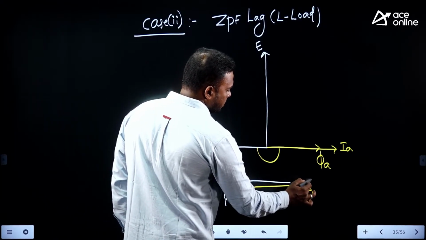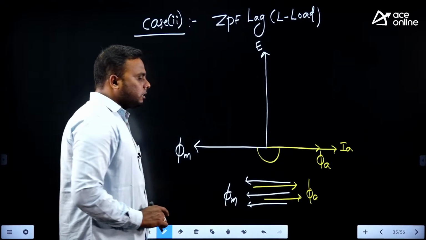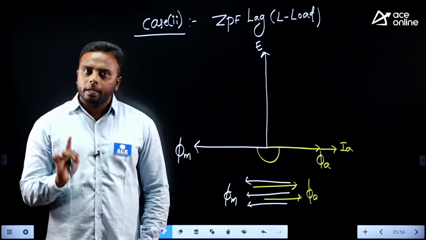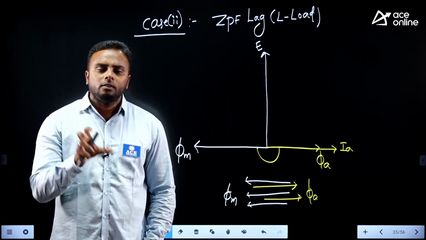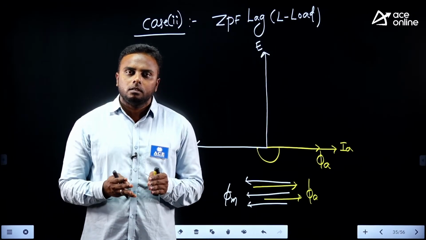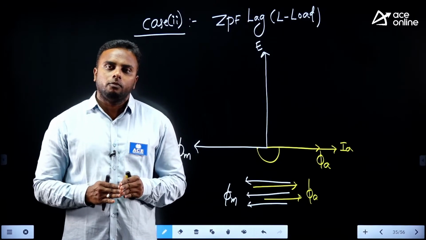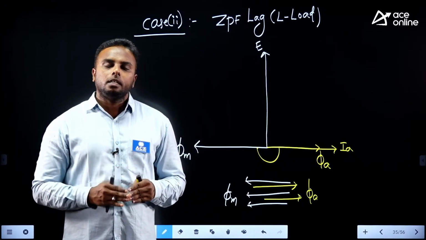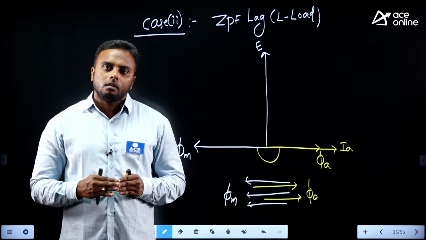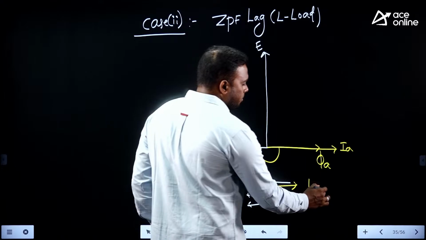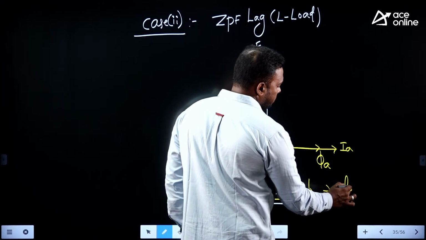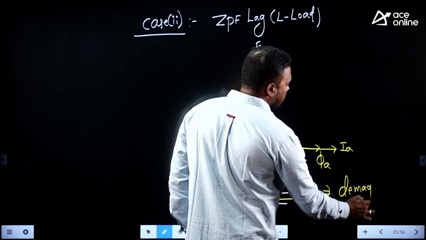This is armature flux. Now the effect of armature flux on main flux is the demagnetizing effect. So what happens to the resultant flux? It simply decreases. That effect we call demagnetizing. Flux in the machine decreasing is nothing but demagnetizing. Flux increasing means magnetizing effect. So right now we have completely demagnetizing effect.